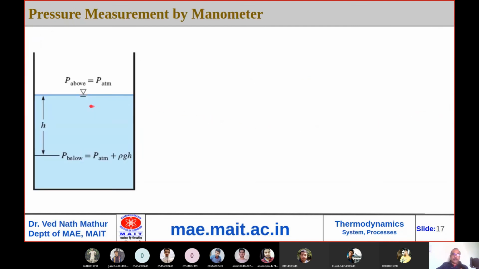Now, how is pressure being measured by different instruments? Take into account that pressure changes with height. So if the pressure on the surface of the liquid is atmospheric pressure, then as you move in, the pressure at this point would be equal to atmospheric pressure plus the pressure exerted by this column of liquid.